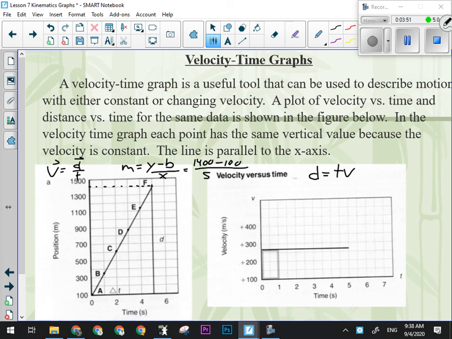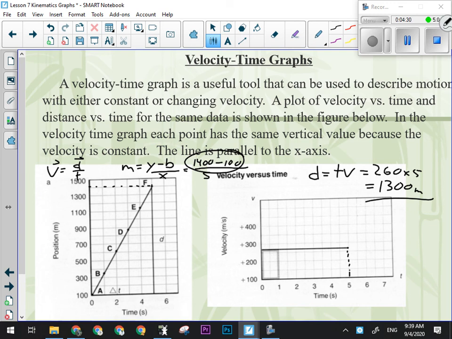Okay, so the velocity I can read off of the y-axis, it's 260, and it occurs for 5 seconds. What am I going to get here? Thinking back to this graph. What's 260 times 5? Is that not what we got right here for the change in position? Right, 1300? These two graphs are definitely showing us the same thing.